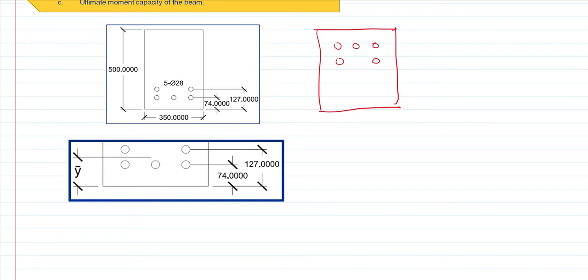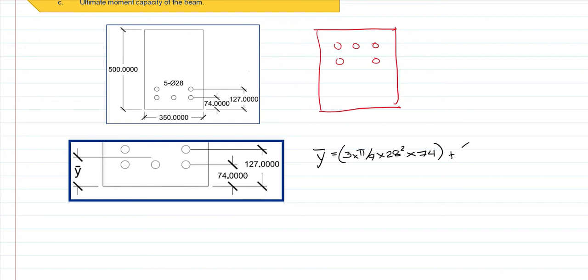So that will be y bar is now equivalent to a value. So first layer natin, that is tatlong diameter 28. So that is 3 times pi over 4 times 28 squared. Multiply natin dun sa distance niya from the extreme tension fiber, which is 74.